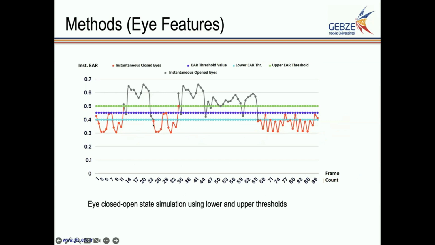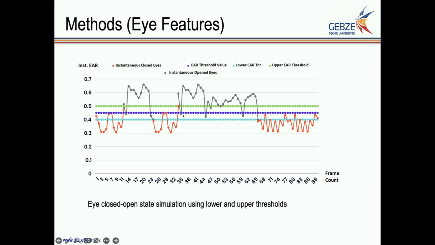Again, that is lower than the low threshold. That's very nice, because that means the eye has totally closed, and then the eye is starting to open again, and this is the point of the opening. So these thresholds, high and low thresholds, are driver specific. That's why we have obtained them from the first 2 minutes.